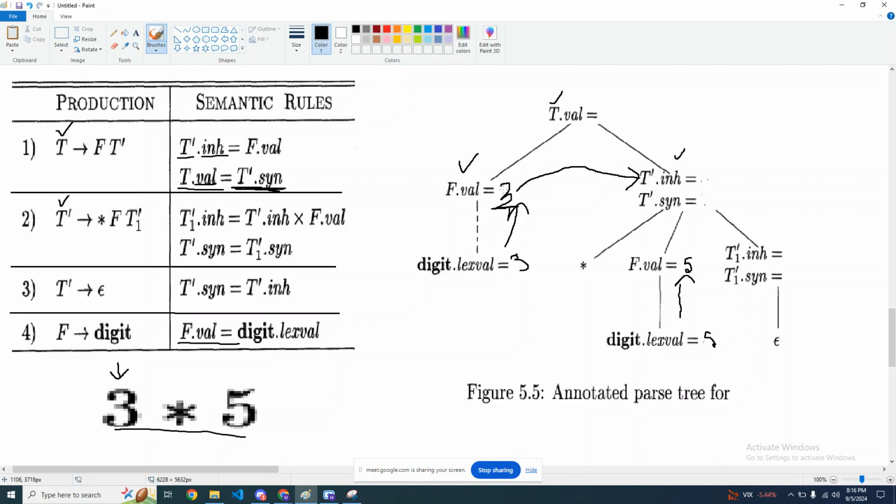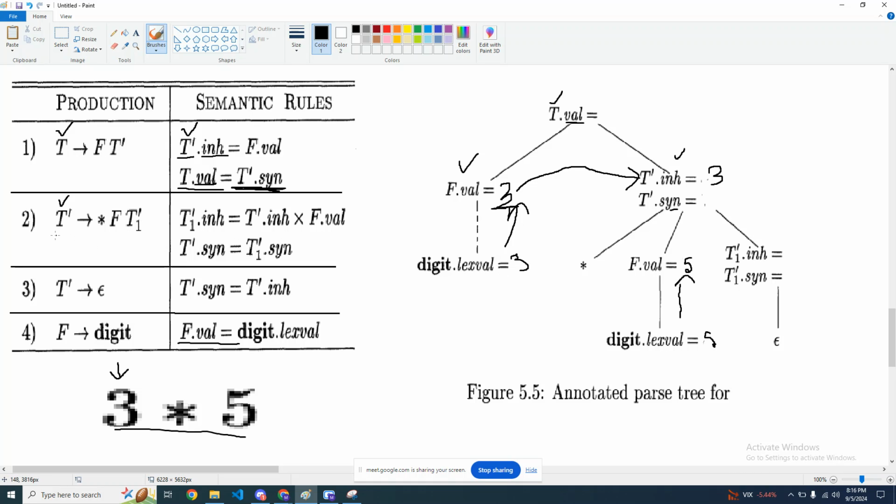The value is 3. So the inherit value of t prime is 3. Now, what is the synthesized value? The value of t dot val is equal to t prime dot synthesized, but we do not have any synthesized value at the moment. So this is blank, and this will be blank as well.